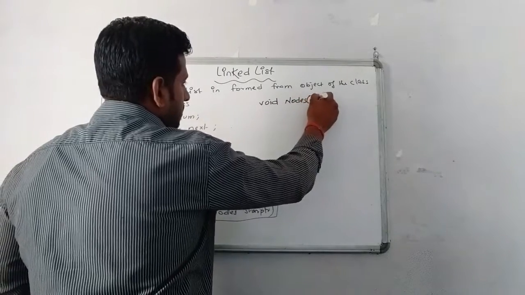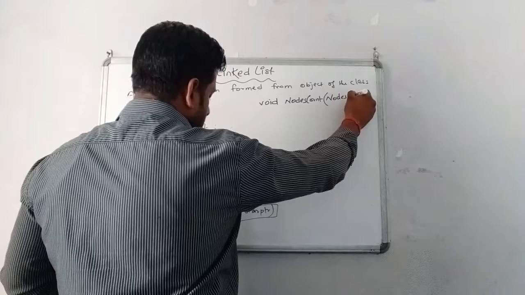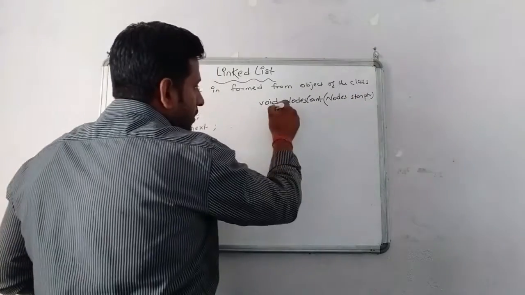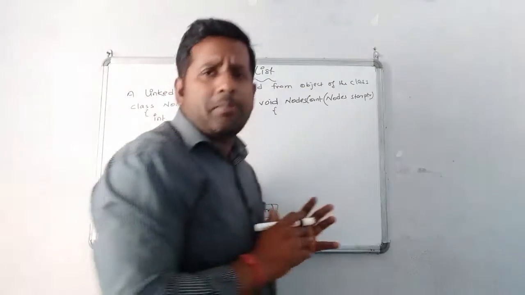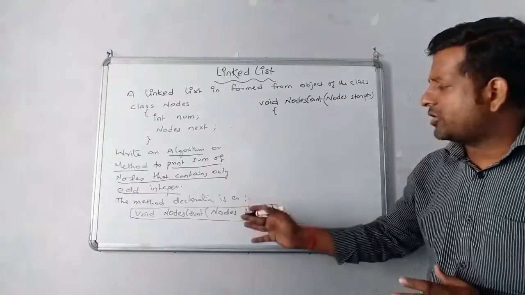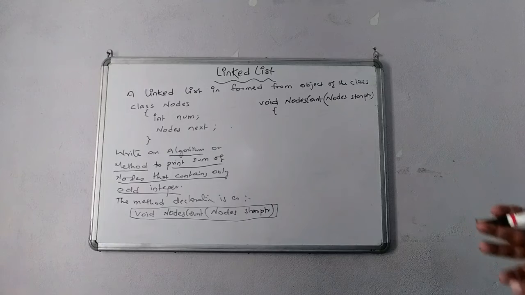We write first void nodescount, nodes star ptr, then the curly bracket. This is almost a compulsory part which we need to give, because in any question the method declaration is given. You can see the question once again.